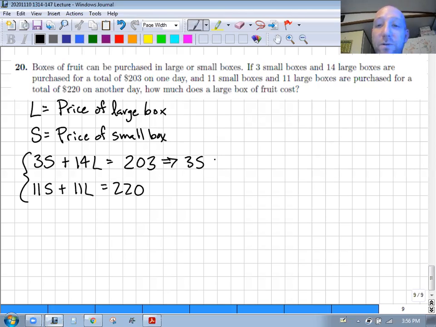Let's do this. We'll have 3S equals 203 minus 14L by subtracting 14L from both sides. Now divide both sides by 3.